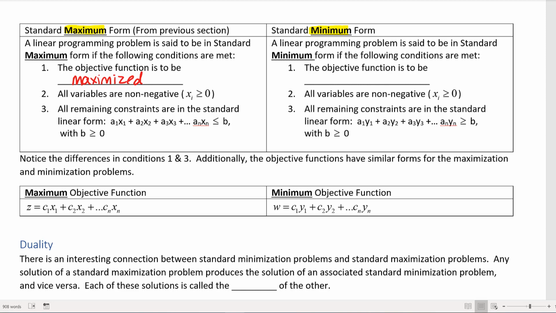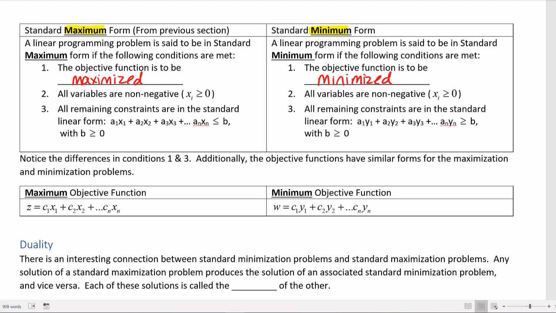Let's take a look at the minimum form and see how it's different. The first condition is different because it says the objective function is actually minimized this time, not maximized. Condition 2 says all variables are non-negative, which is the same as condition 2 for the maximum. And condition 3 is a little bit different because all remaining constraints need to be in the standard linear form, a sub 1, y sub 1.